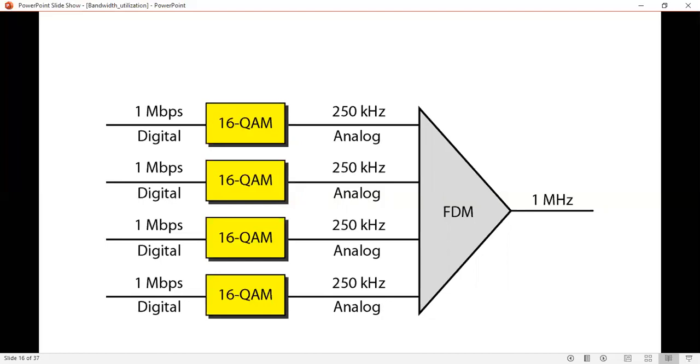Why 16? Because 16 is 2 raised to 4, where 4 is your r from the previous session. R is equal to 4. That's why you are using 16 QAM. Using 16 QAM, you can send 1 Mbps digital data through 250 kilohertz bandwidth. Hope you understood.